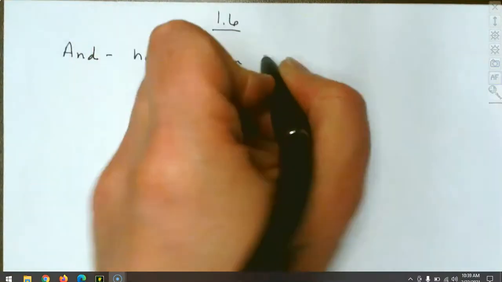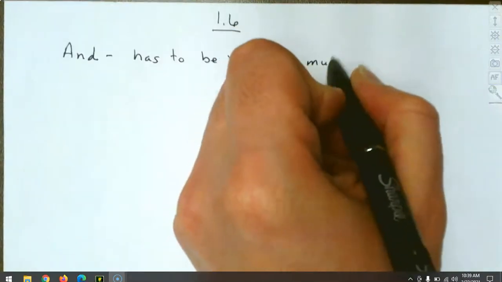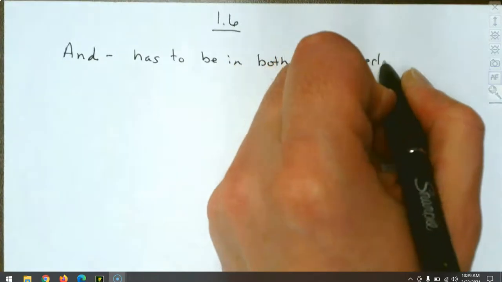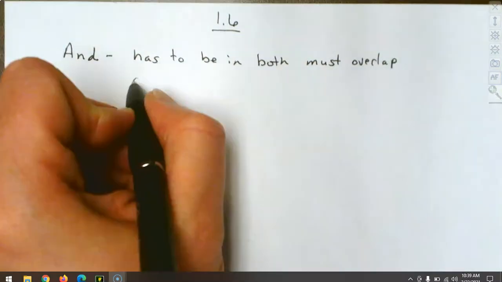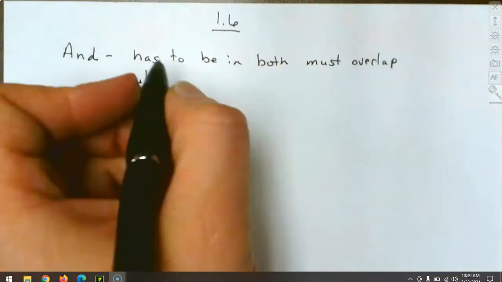So we're now in 1.6, we're going to talk about and, what it means. Okay, and means it has to be in both, has to overlap. And so and means it has to be in both and it must overlap. It's also called an intersection.